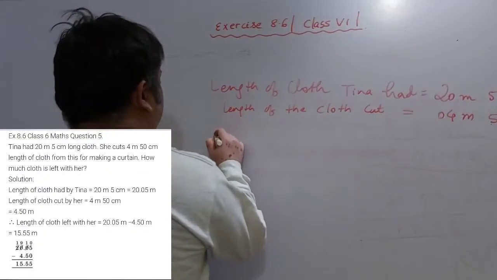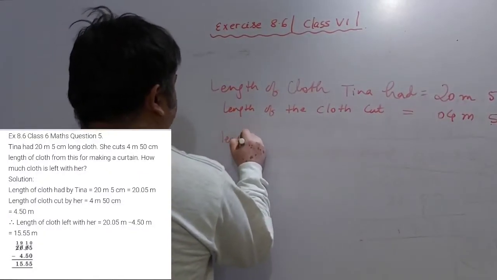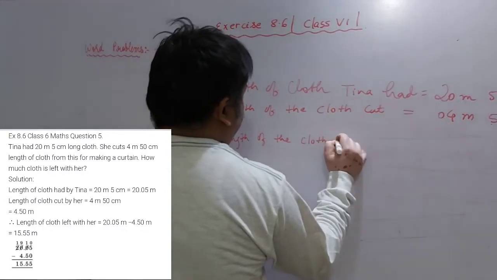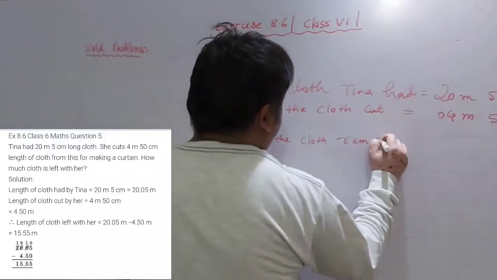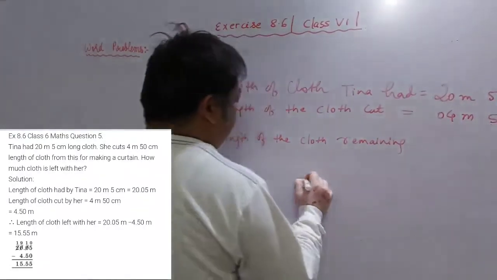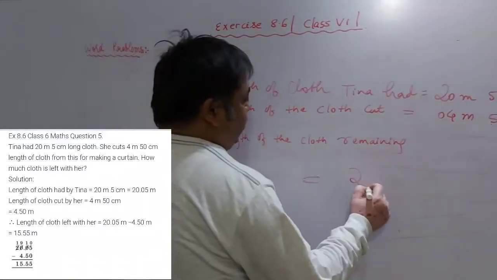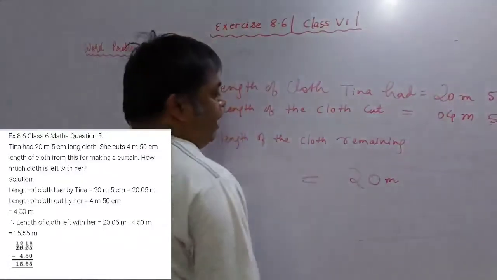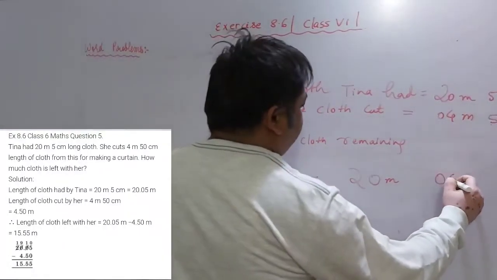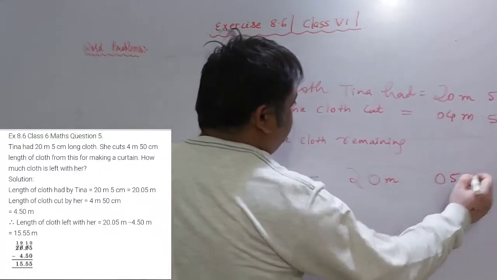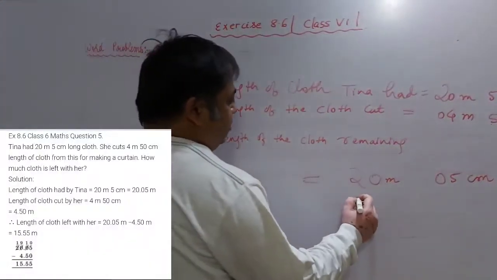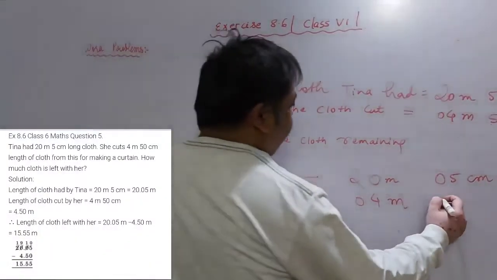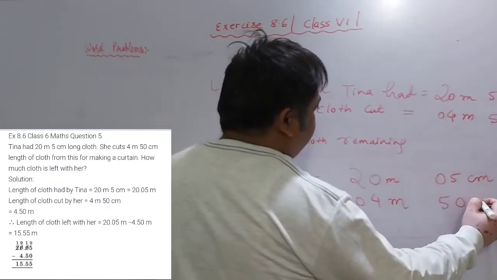So length of the cloth remaining will be equal to 20 meter and 5 centimeter minus 4 meter and 50 centimeter.